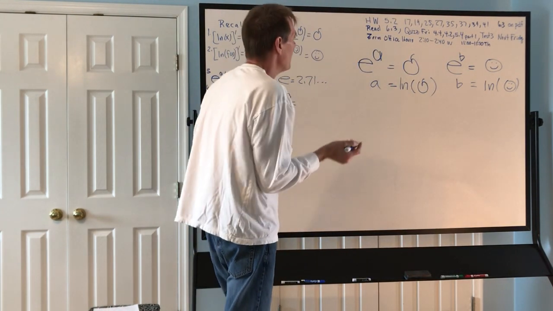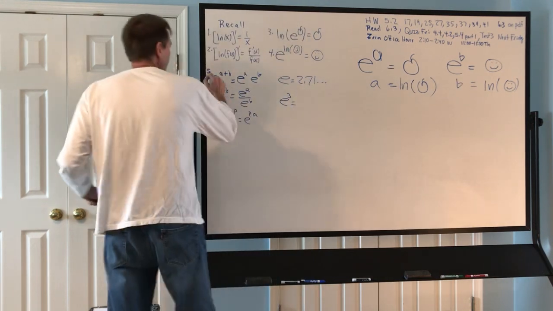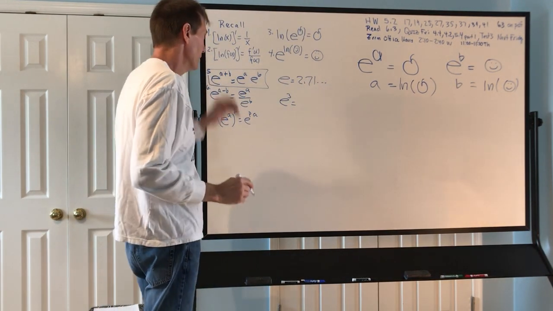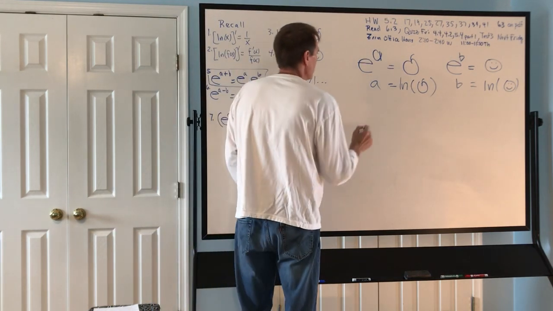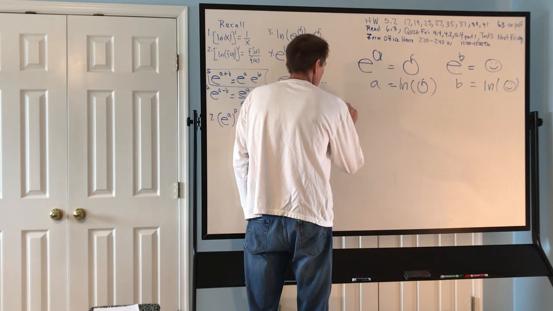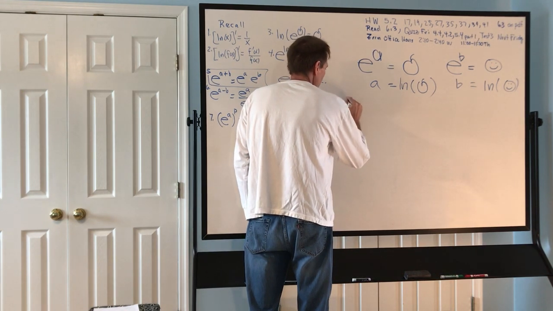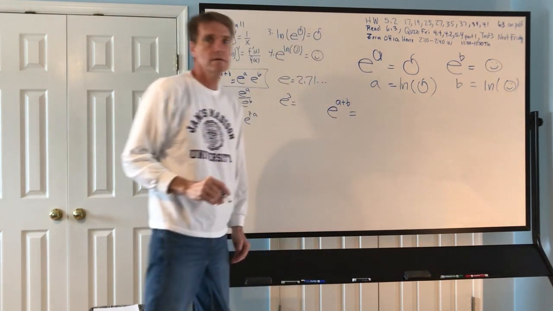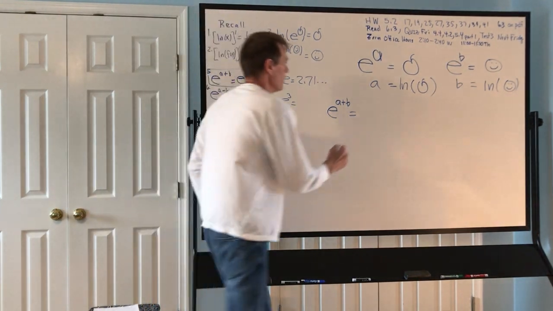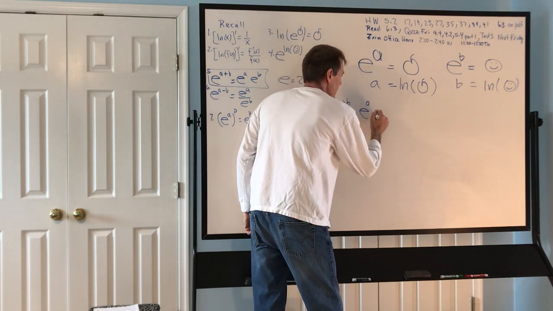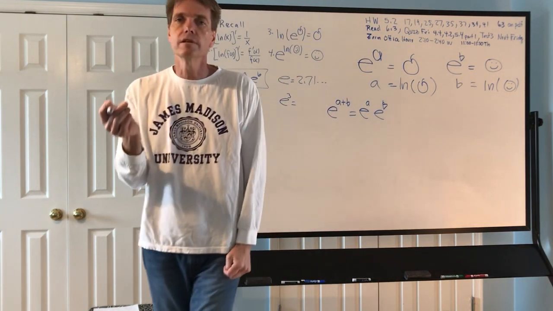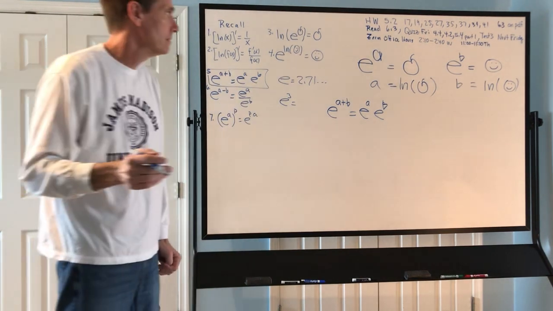Now, let's start with this result. e to the a plus b: e would send a plus b, using the property we derived a couple of days ago, to e to the a times e to the b.